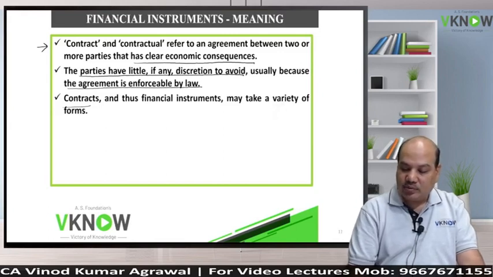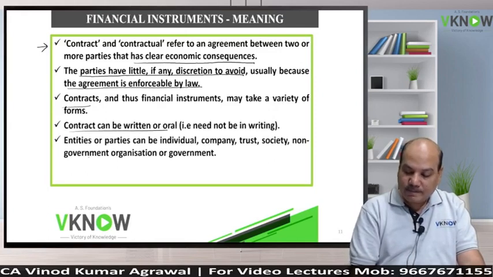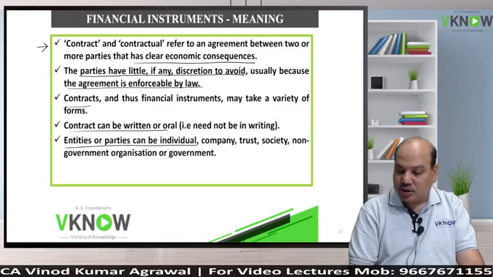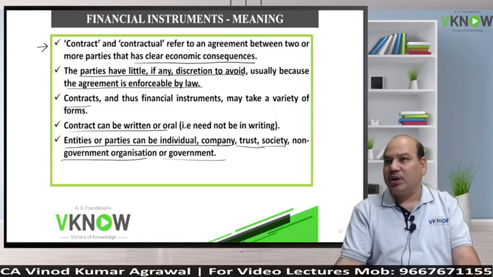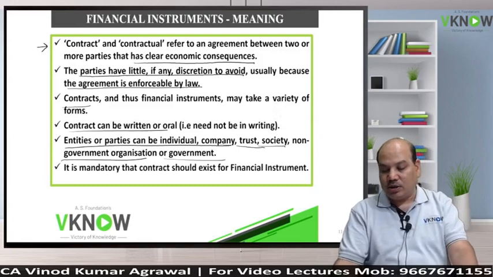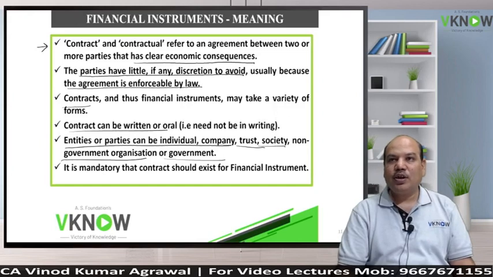Contract can take various forms. It can be oral or in writing. It can be with an individual, companies, trust, society, non-governmental organization or government. So the other party can be anyone. As long as it meets the definition of financial instrument, the standard is applicable.